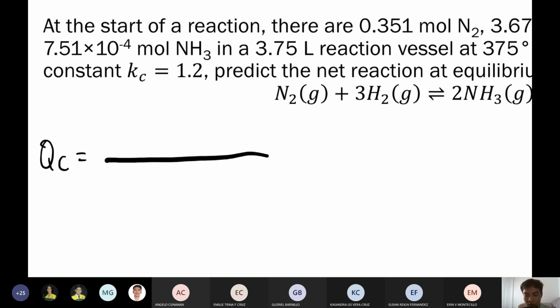Concentration ng products initially, concentration ng reactants initially. So Qc, that will be the concentration of products squared over the concentration of reactants.